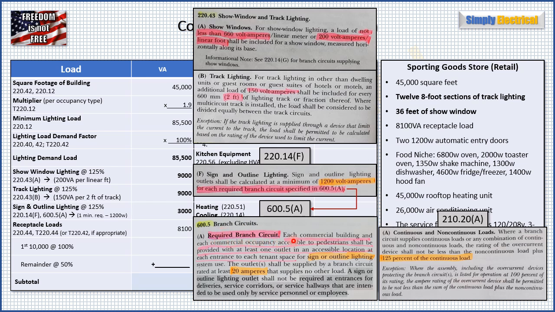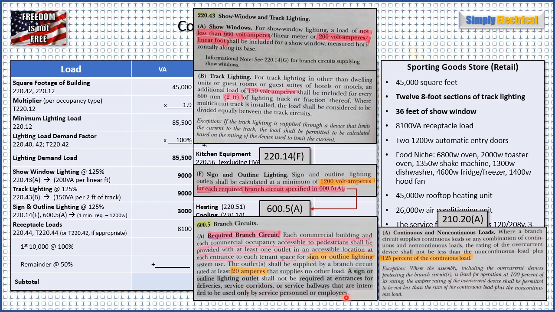Each commercial building and each commercial occupancy accessible to pedestrians shall be provided with at least one outlet in an accessible location at each entrance to each tenant space for sign or outline lighting system use. The outlets shall be supplied by a branch circuit rated at least 20 amps that supplies no other load. A sign or outline lighting outlet shall not be required at entrances for deliveries, service corridors, or service hallways that are intended to be used only by service personnel or employees.